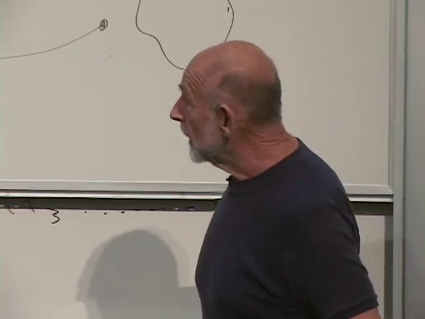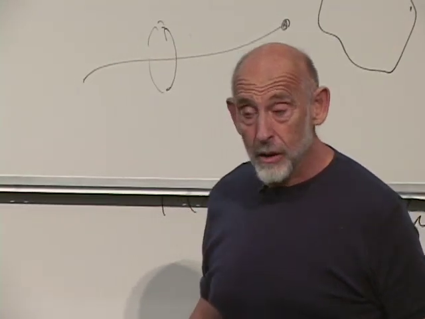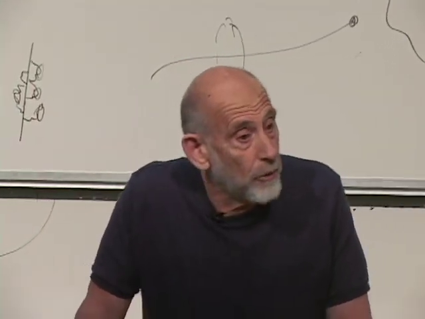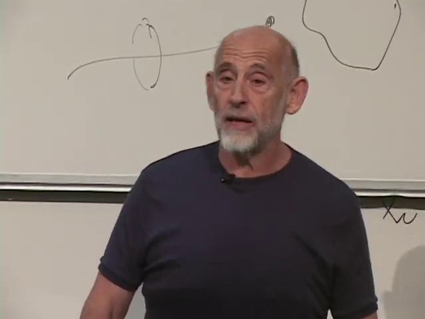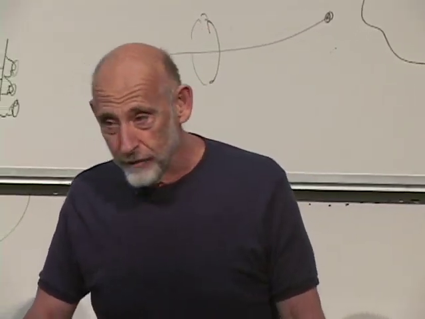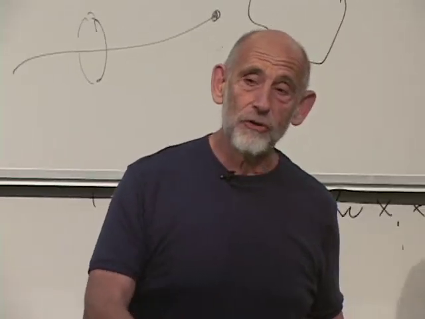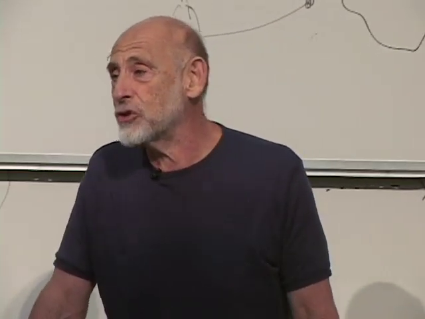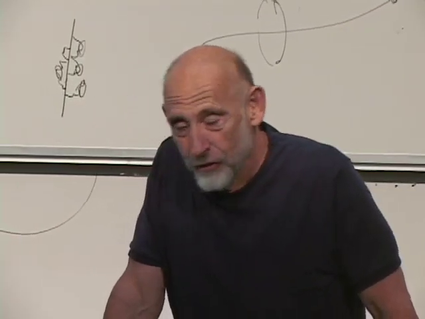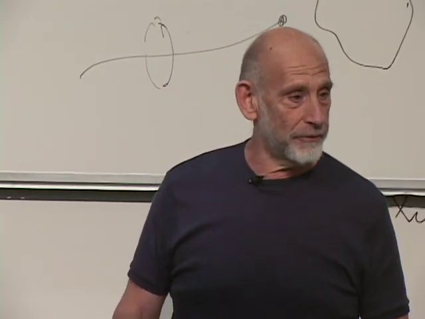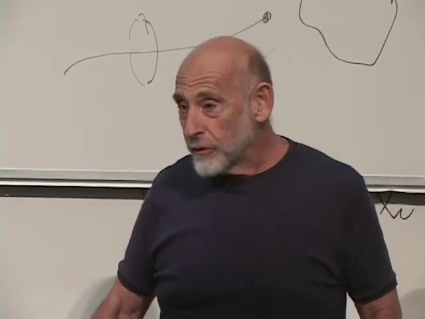Now, are strings fundamental? There is one set of parameters in the theory where strings are made up out of little things called D-branes. You change the parameters and you find the D-branes are made up out of the strings. So it's a question of useful.